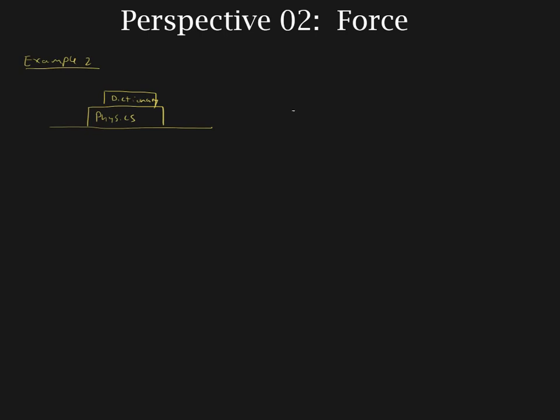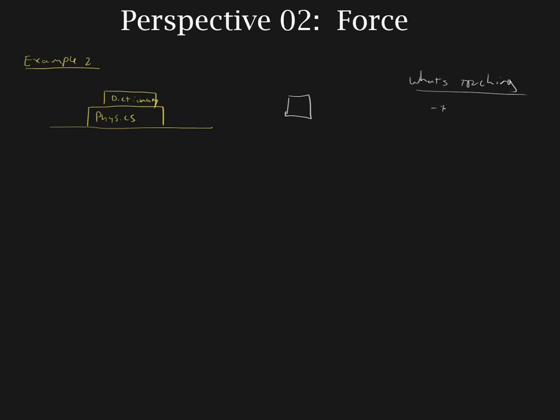Okay, so the first thing we're going to do is draw our box to represent the physics book. And we want to know, what does the FBD on this physics book look like? So the first question we're going to ask ourselves is, what's touching the book? Okay, so what's touching?